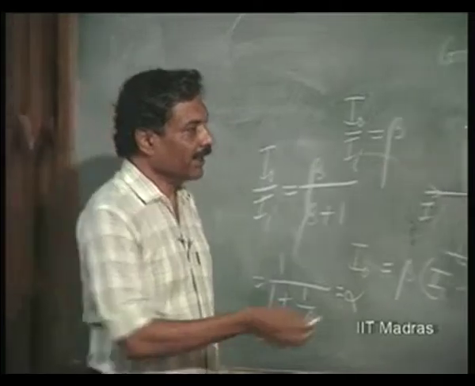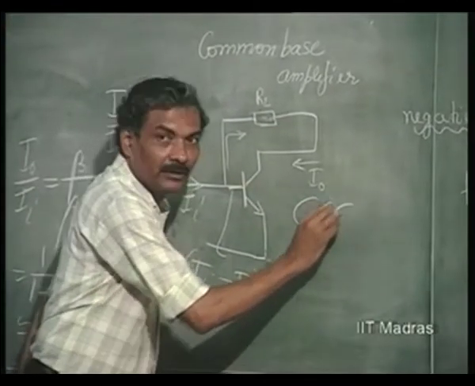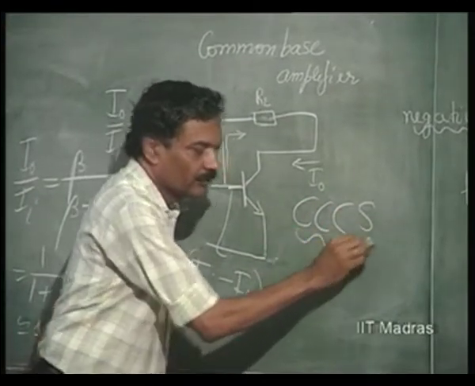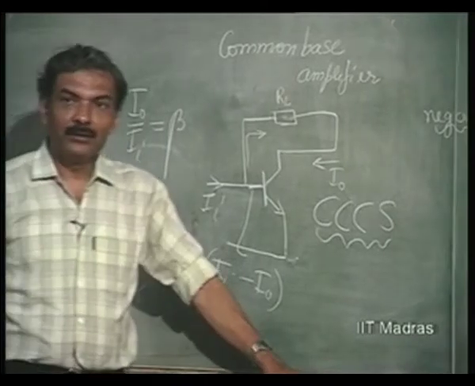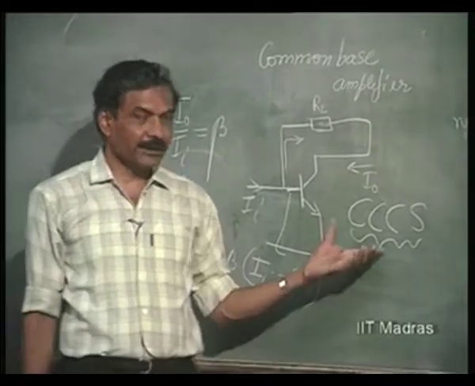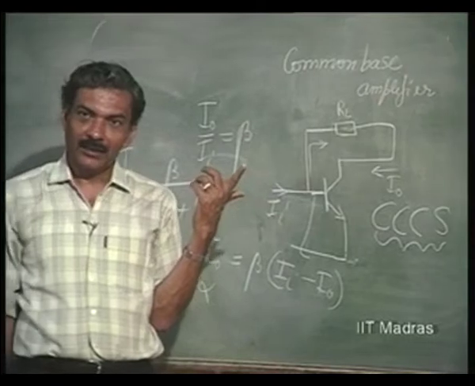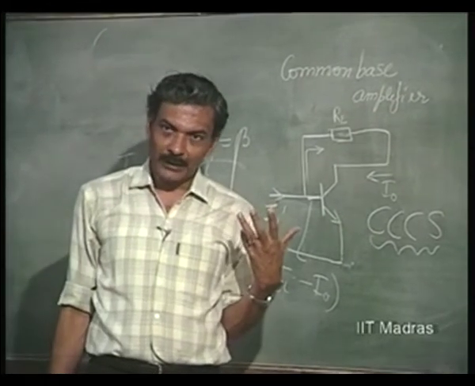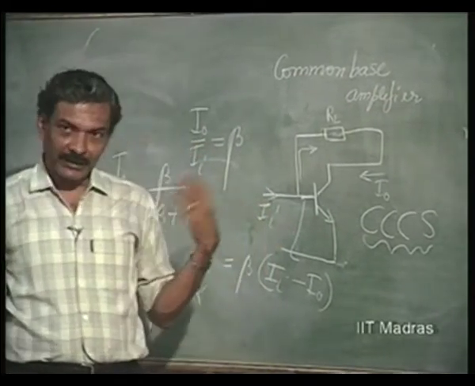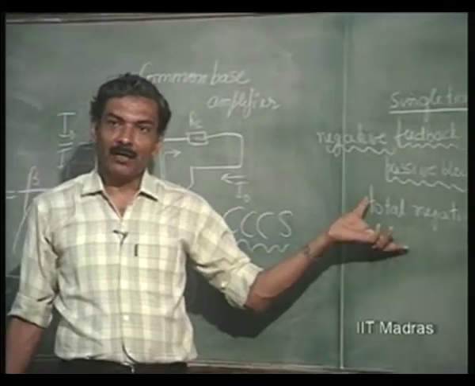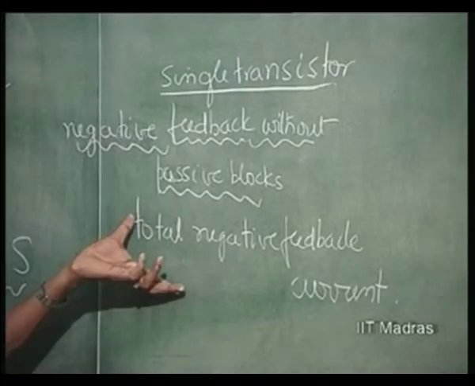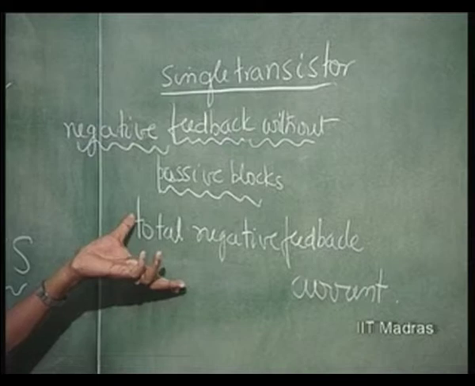So, this is an idealized current controlled current source. Okay. So, you have now seen using a single transistor without using any feedback network, by giving total voltage feedback, we have realized a common collector amplifier which is called voltage follower.